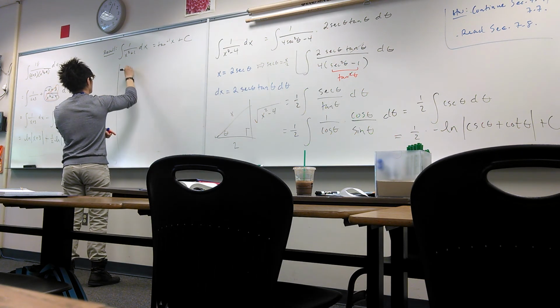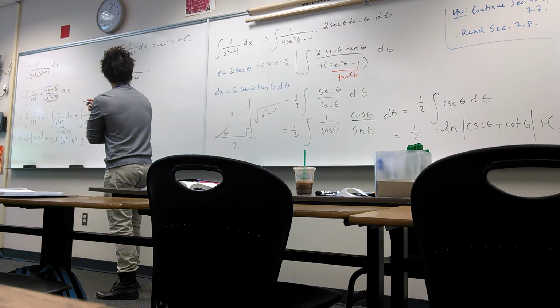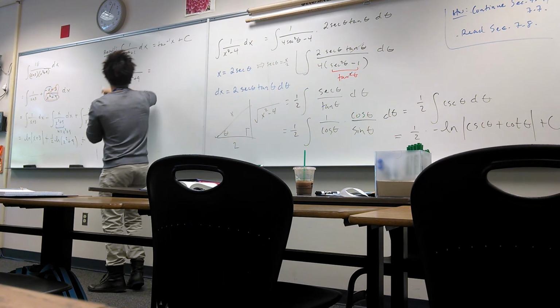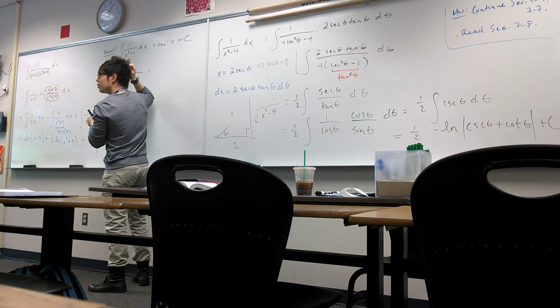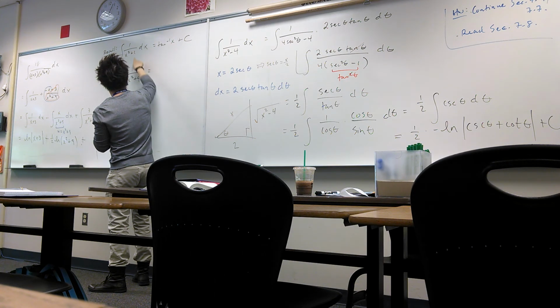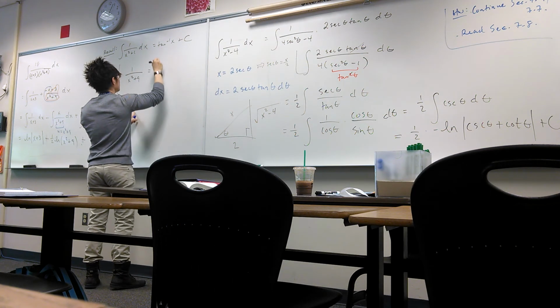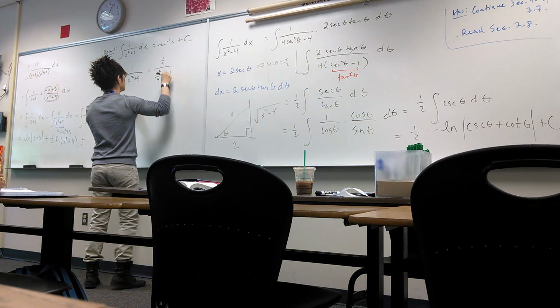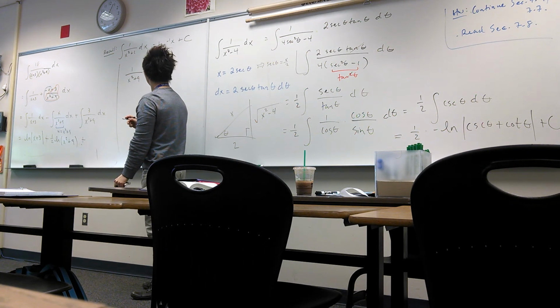So if I have 1 over x squared plus 9, is there a way to make that look like that? So in other words, how do I make this 9 into a 1? Divide by 9, right? So this is going to be 1 over 9 over (x squared over 9 plus 1), correct?